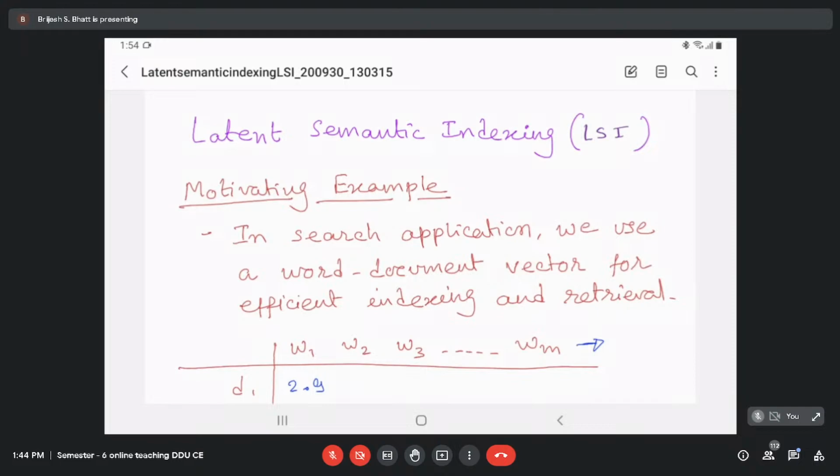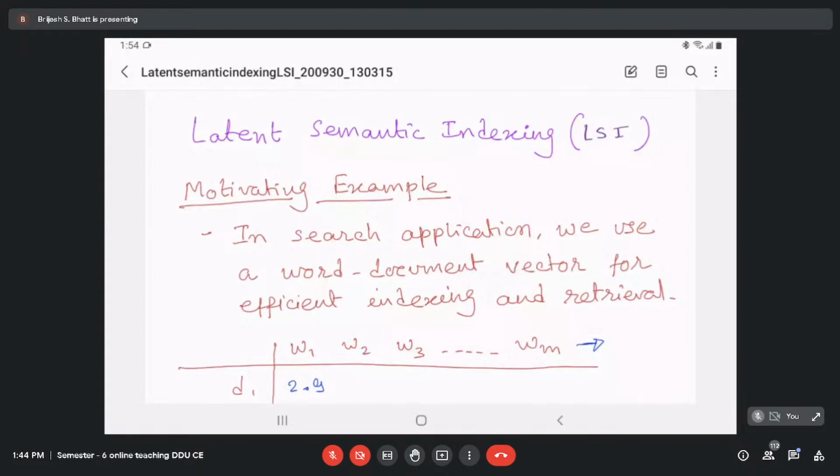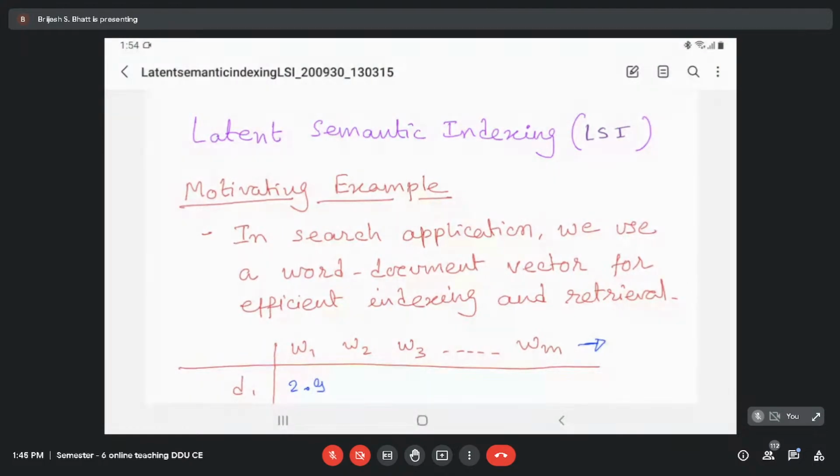Whatever query words we have entered in the Google search box, Google will compare those query words with the documents or web pages available, and it will find the most relevant page for us. It will fetch the most relevant page as an answer, right? So how does that happen?